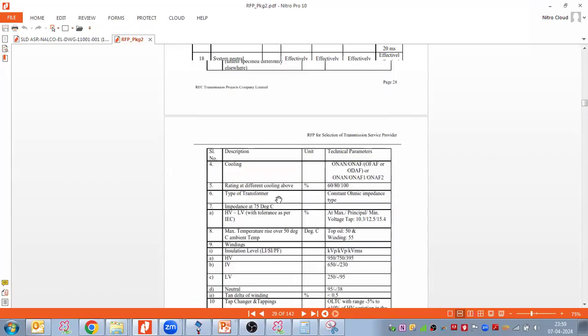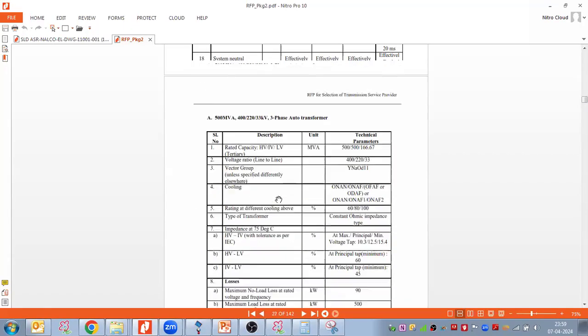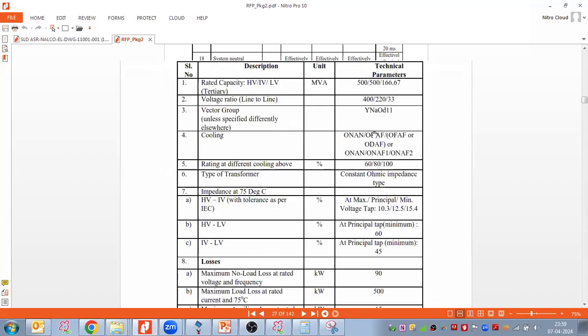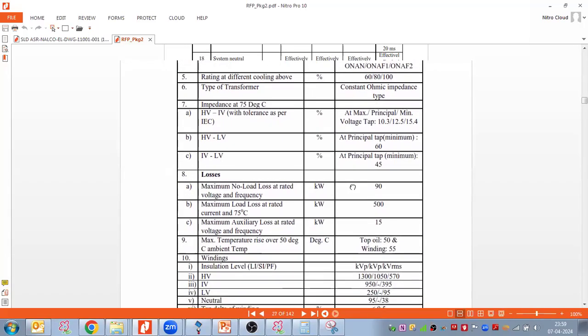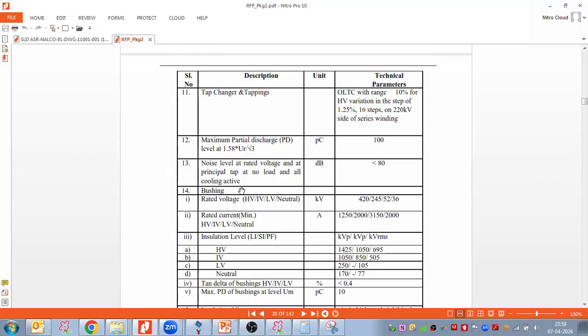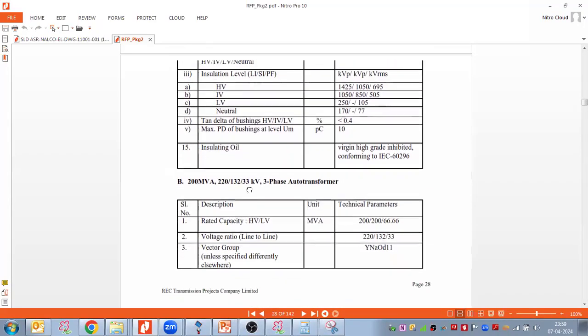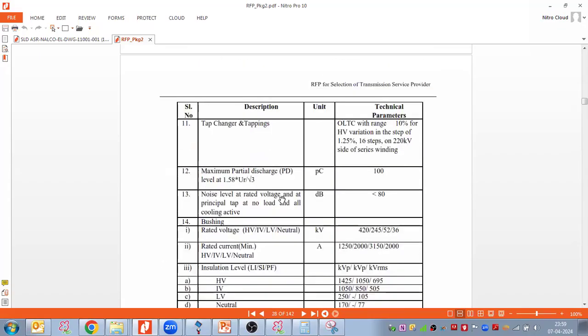Let us see any three winding transformer, or this auto transformer. Come to the impedance value, after the losses: no load, full load, auxiliary losses.